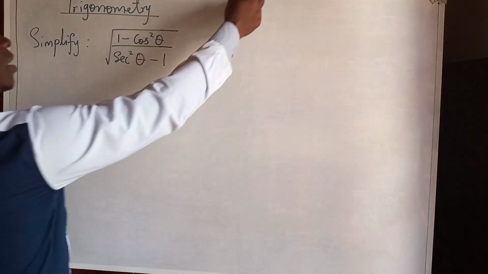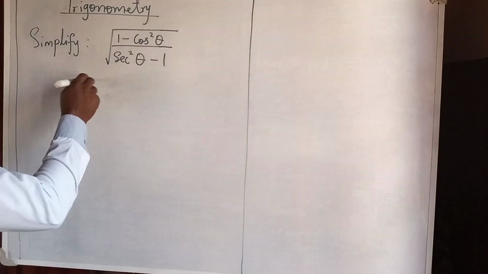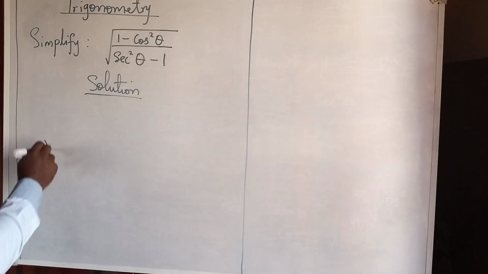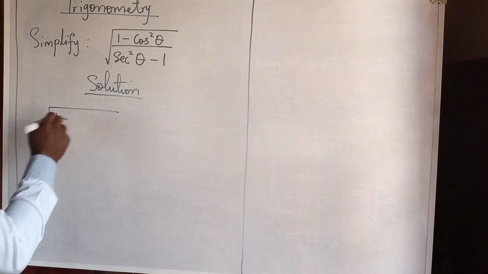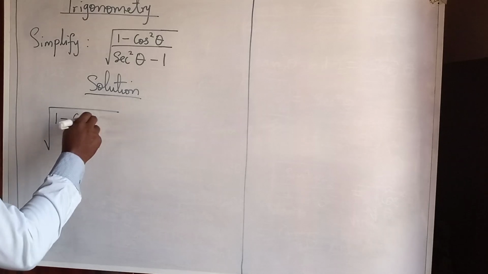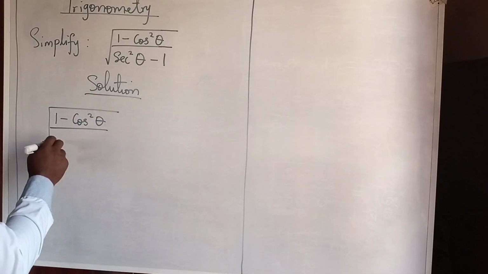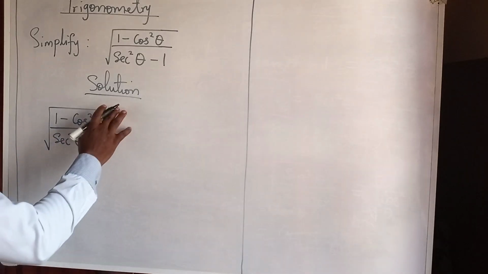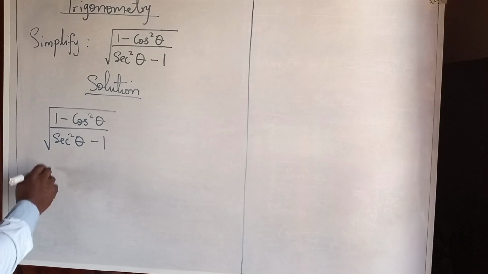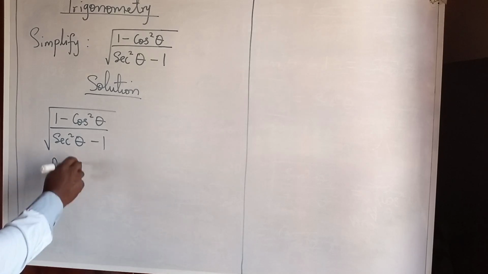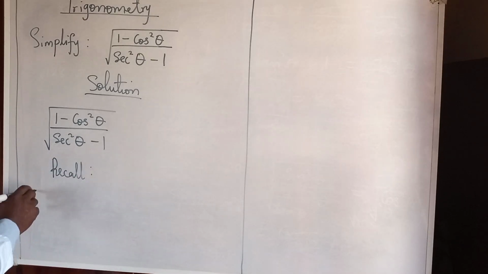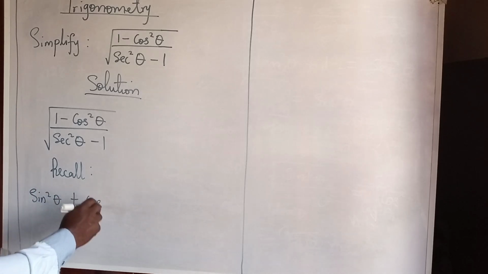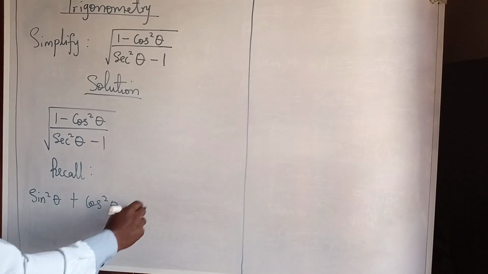Solution. You have the square root of 1 minus cos squared theta all over sec squared theta minus 1. Now recall that sine squared theta plus cos squared theta is equal to 1.